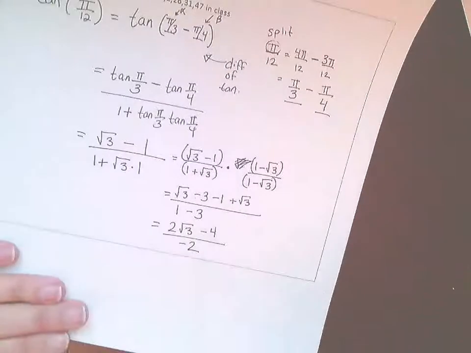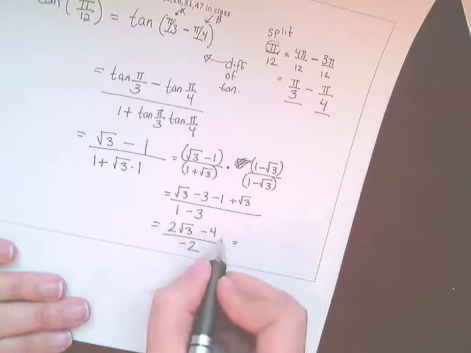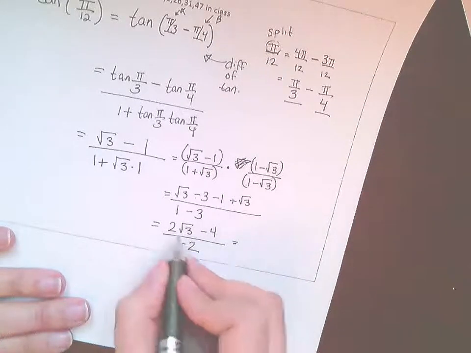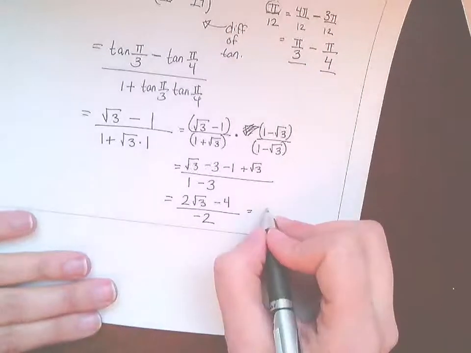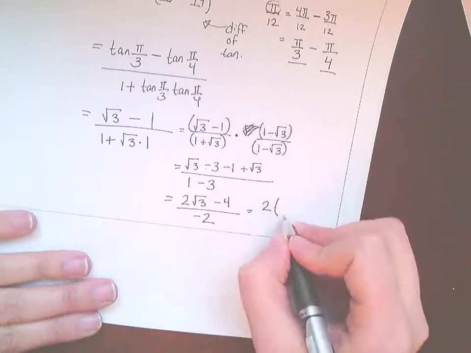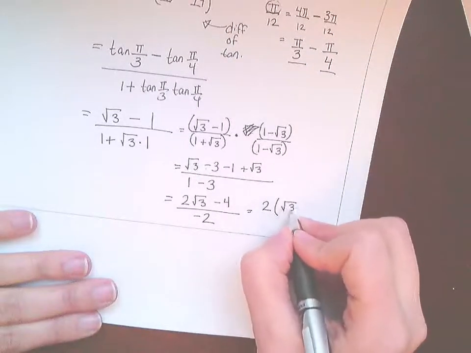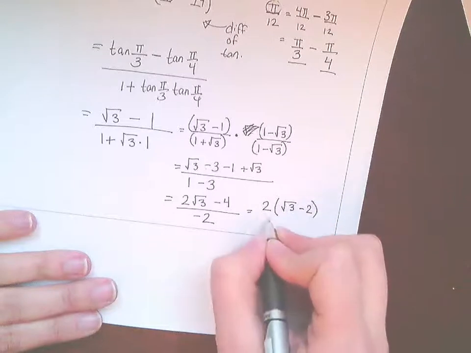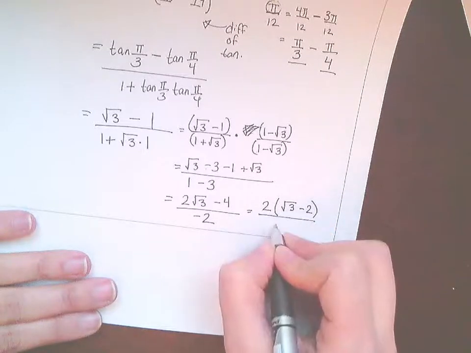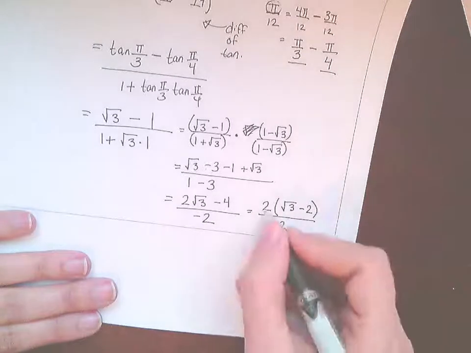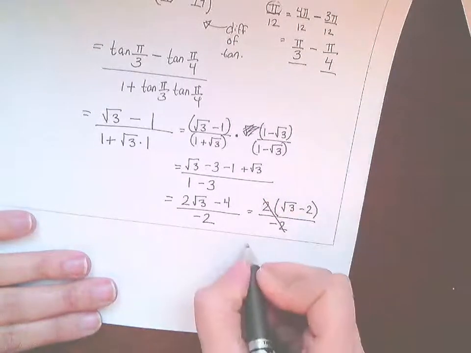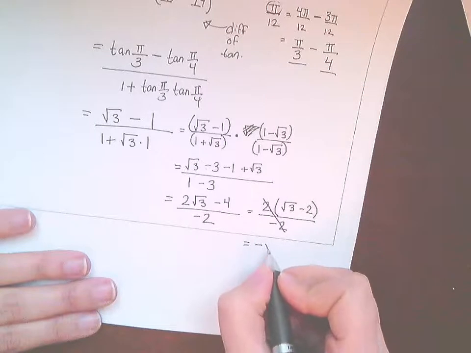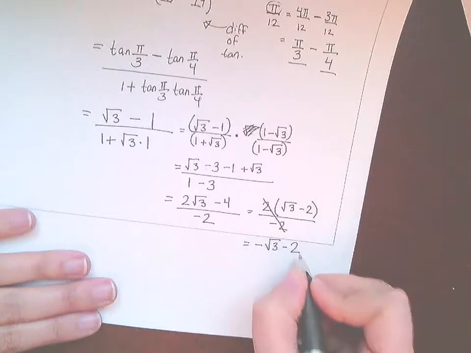And I can still clean this up, because in these terms you notice that there's a factor of 2 already in all of them. So if I factor out a 2, I'm left with square root of 3 minus 2, all of that over negative 2. What happens to the 2's? They're gone. So we're just left with a final answer of square root of 3 minus 2.